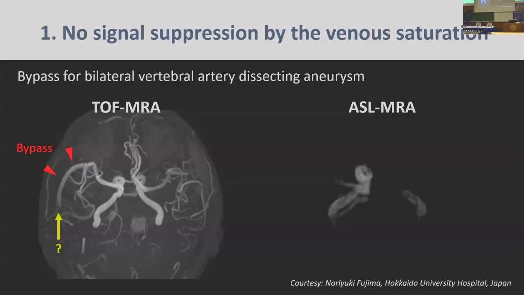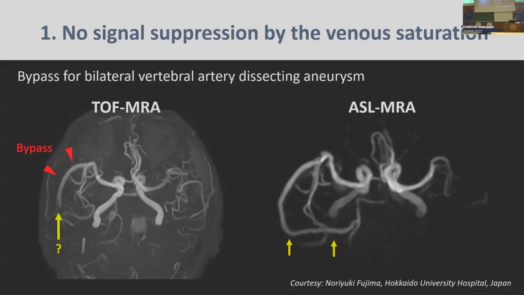Then it looks like the bypass is not functioning. In contrast, ASL MRA doesn't use a venous saturation slab, so the bypass flow was successfully visualized like this.